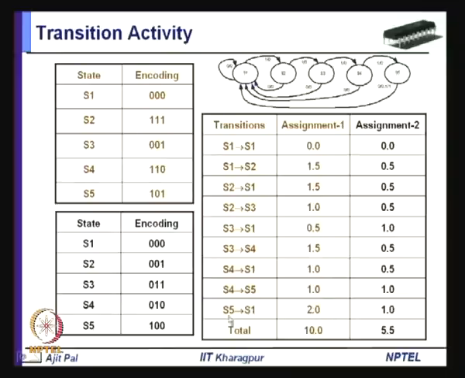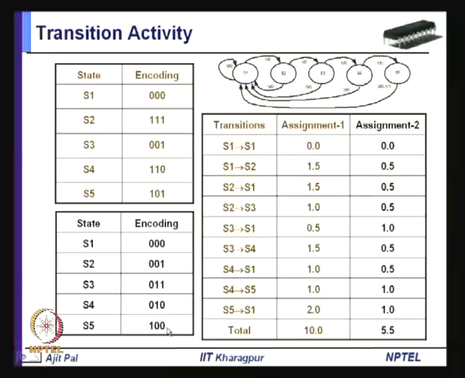For S5, as I have told, it always goes to S1. So, you can see from S5 to S1, either for 0 input or for 1 input, it will go to S1. So, probability is 1, and in this case the number of transitions is 2. So, 2 into 1 is 2, and on the other hand in this particular case 000 and this is 100.